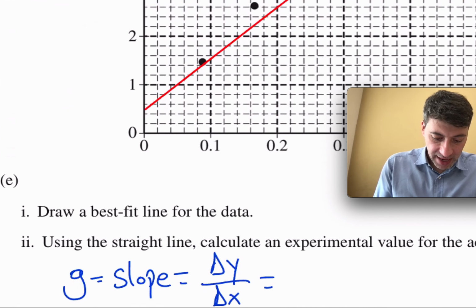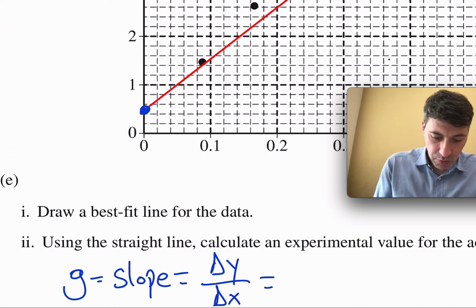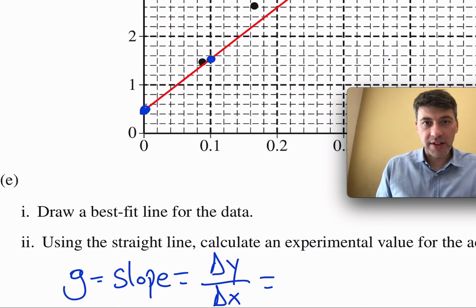I will select any 2 points on this graph. Now I will select the beginning, and I will select, for example, 0.1. What is the value of the graph at 0.1? Sorry, it's not seconds, it is the sine of theta.